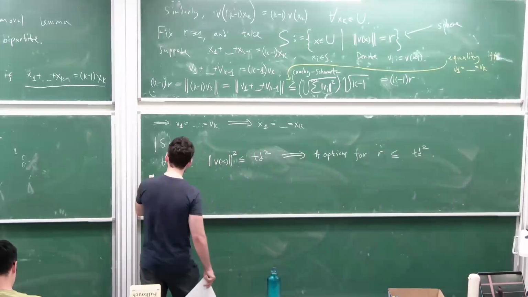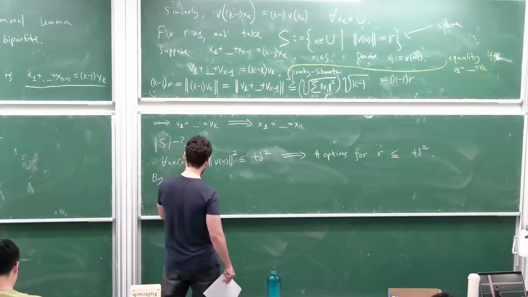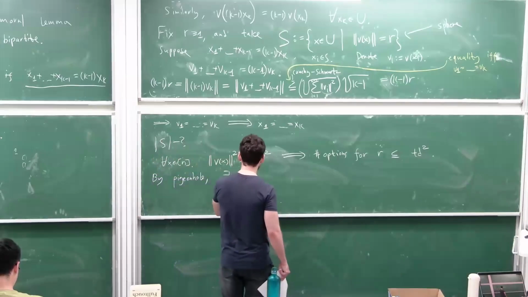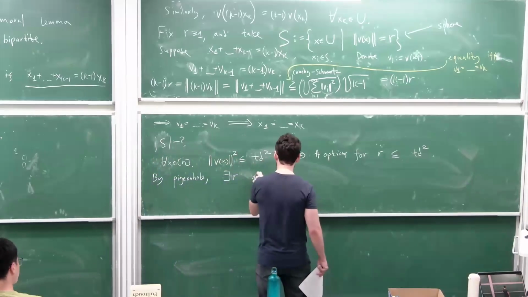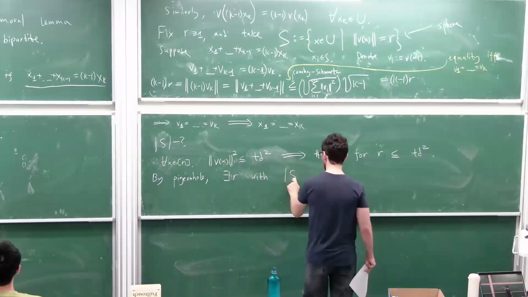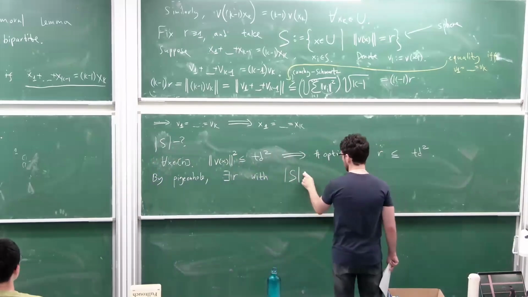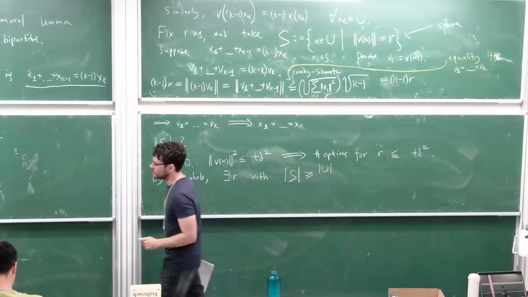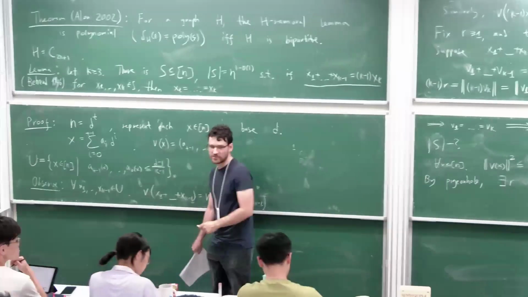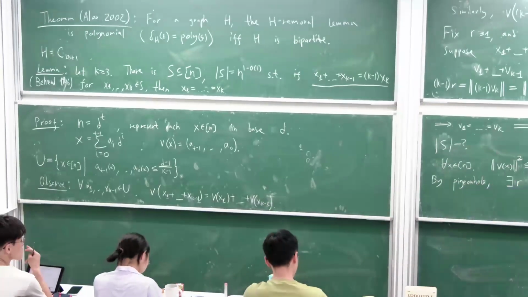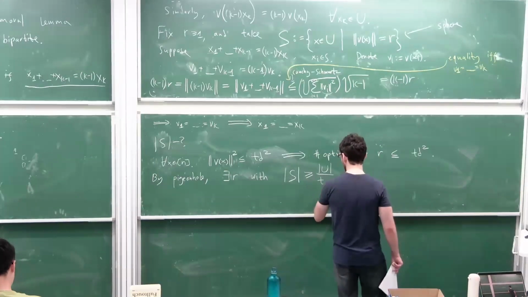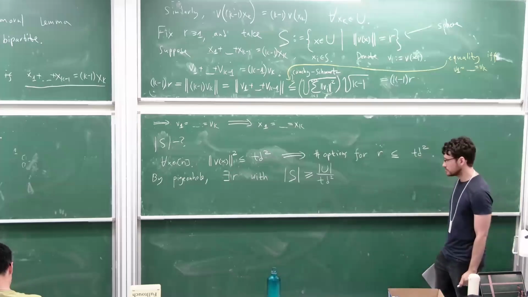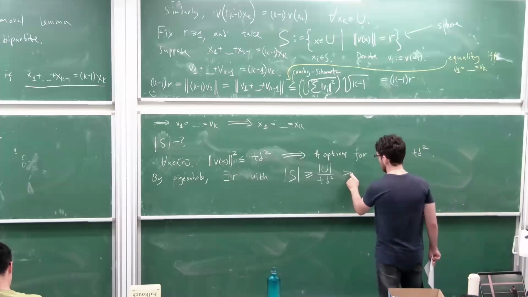Therefore, by pigeonhole, there exists some R such that the size of X is at least the size of U. Remember that U are those where the digits are small. Have this restriction, and out of all of those, we choose the best R, so we divide by 10. Okay, so what is the size of U?